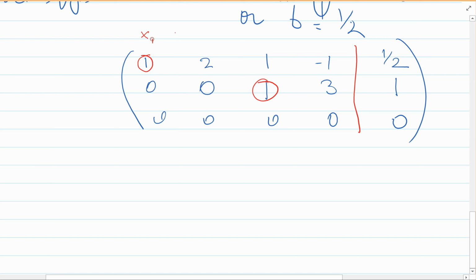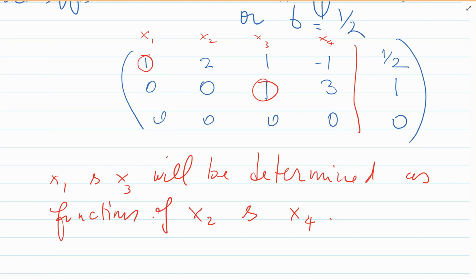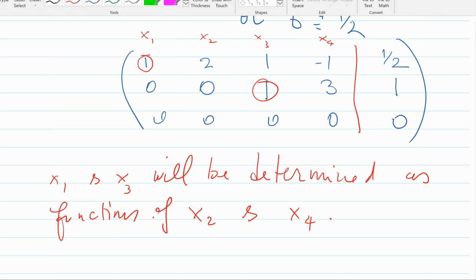Remember, this is for x1, x2, x3, and x4. So in fact, x1 and x3 will be determined as functions of x2 and x4. Okay, so number one, the system will have infinitely many solutions, and x2 and x4 will be your parameters.